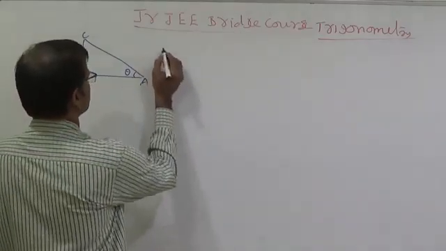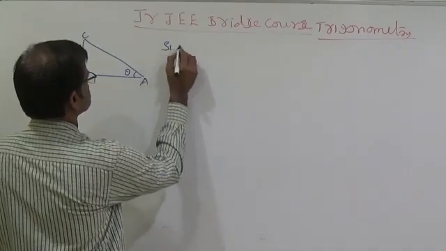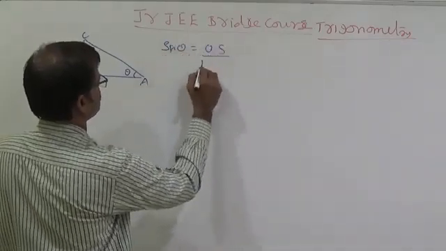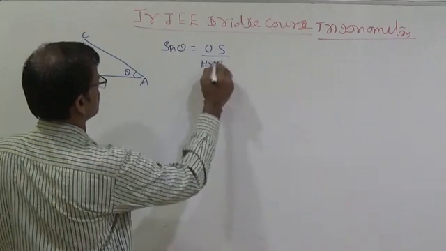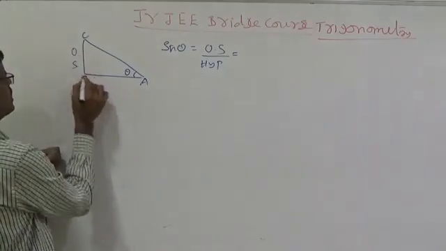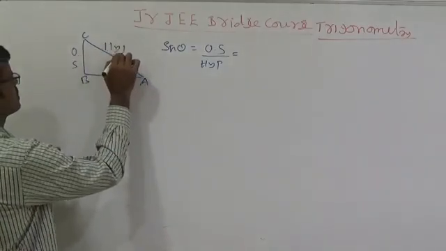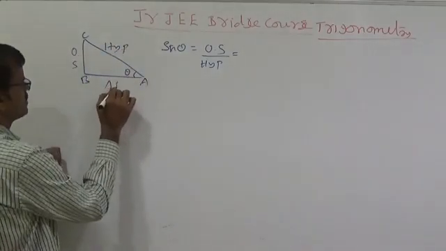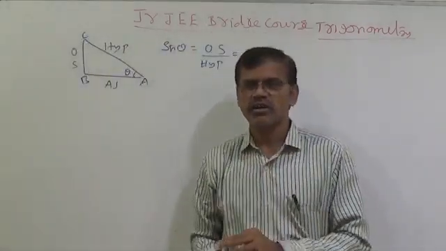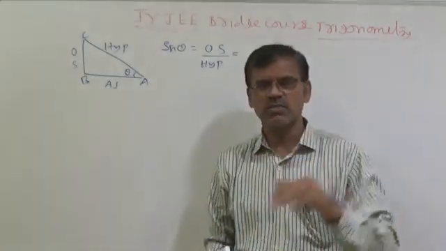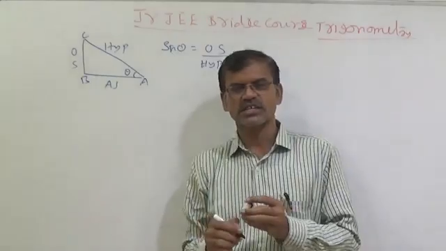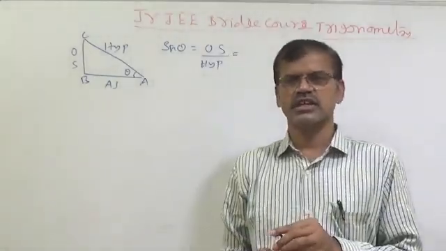Depending upon this triangle, sin theta is opposite side by hypotenuse. This is the opposite side, this is the hypotenuse, and this is the adjacent side. Simply I said y by r, x by r too, because the x-axis indicates small x and the y-axis indicates small y. Always the x-axis indicates cosine and the y-axis indicates sine.